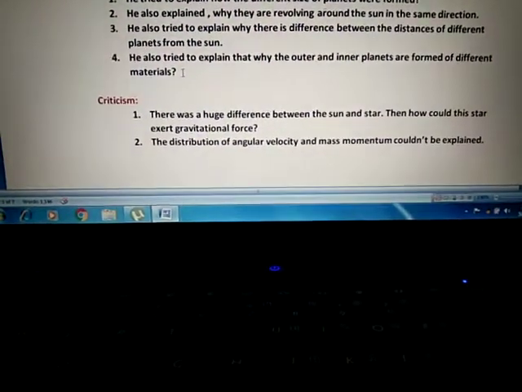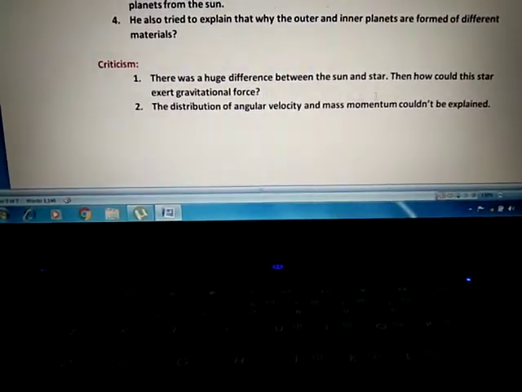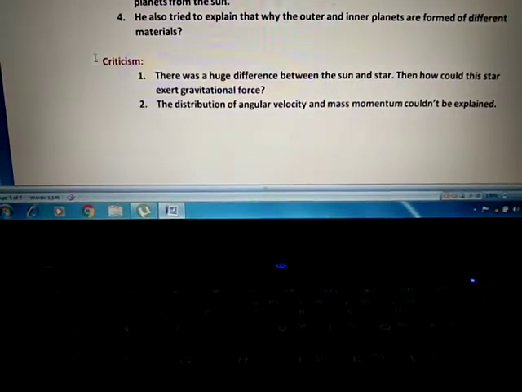First, there was a huge difference between the sun and the star.